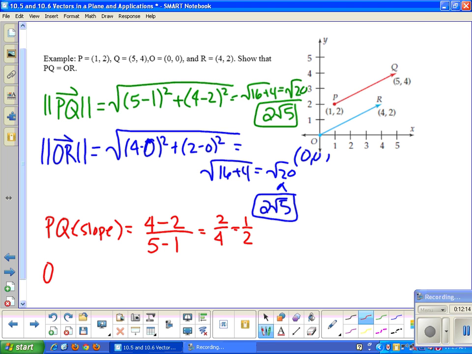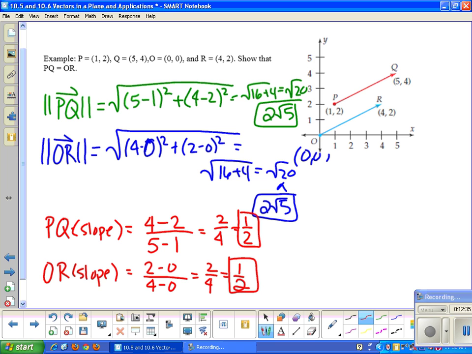So now if we do OR's slope, we would get 2 minus 0 over 4 minus 0, which gives me 2 over 4, which is equal to 1/2. So again, because the length, and if you notice the slope, is 1/2 for each of these, the length and the direction is the same, therefore PQ is equal to OR. So you'd have to show both of those.